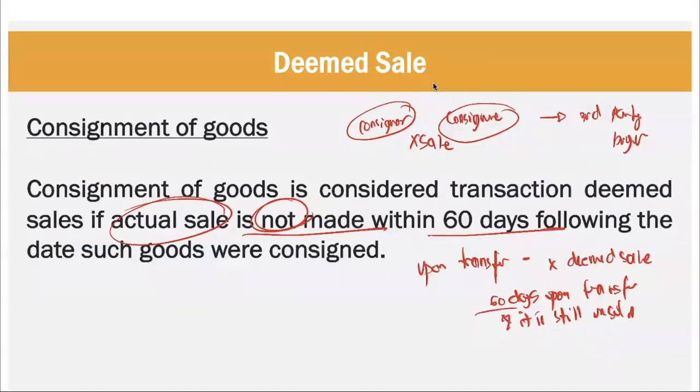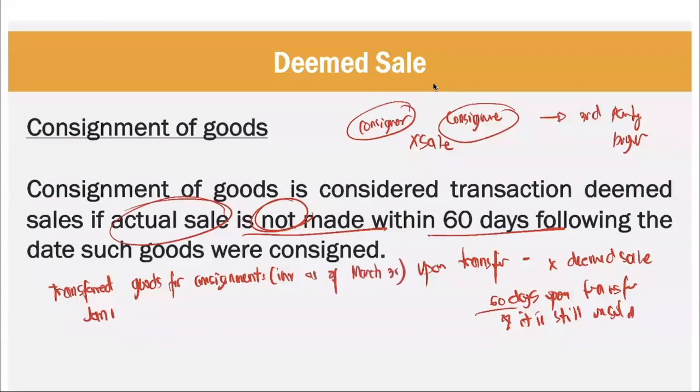So let's say you have transferred goods for consignment. Inventory as of March 31. The following are the transfers. January 15, you have 10,000.